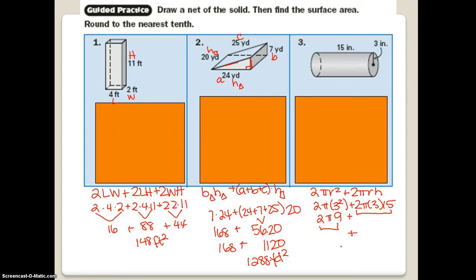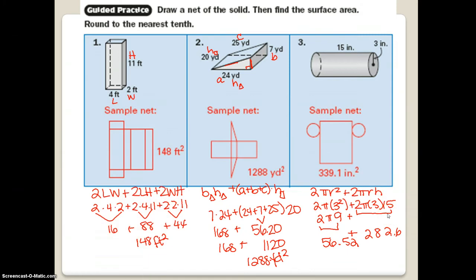So 2 times pi times 9. 2 times pi times 3 times 15. And then add it together. You should get 339.1 or around there inches squared.